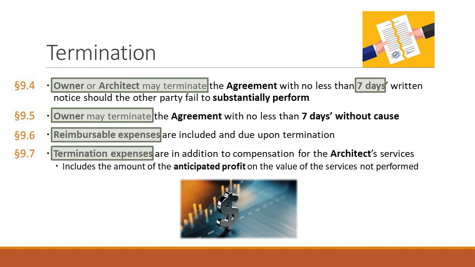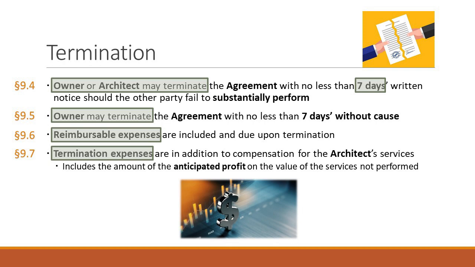This provision says, well, I've already been paid 2/3 of my $1 million, so of my profit of 15%, I've already probably earned 10% of that. So I've earned $100,000 of that $1 million as my profit. And even though you've terminated me, I still would have made $50,000 more in profit.